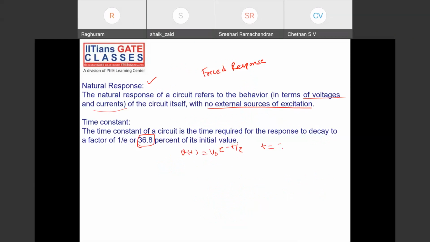At t equal to tau, or one time constant, V naught e power minus 1, or 1 by e, is 0.368 times V naught. So V of tau is 0.368 V naught. That is your time constant: the time required for the response to decay by a factor of 1 by e, or 36.8% of its initial value.